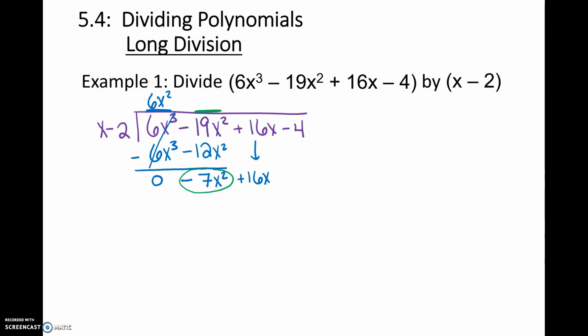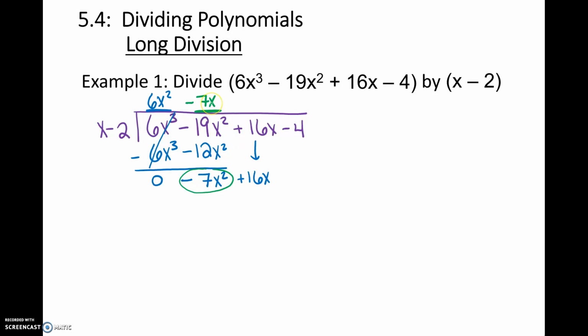X times, we obviously need the negative 7 in there. And how do I get from x to x squared? We need another x. What do I do now?